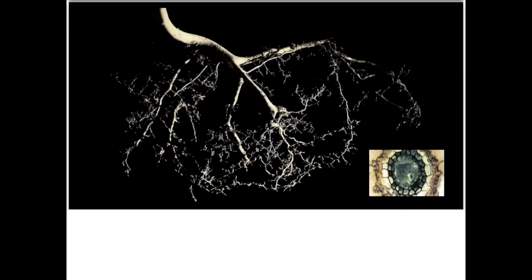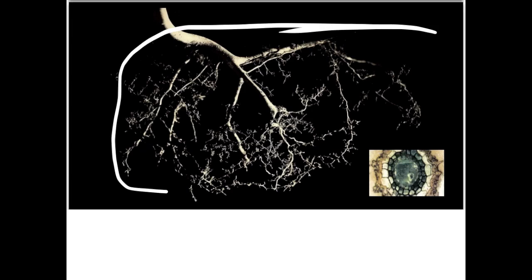I have this graph here that shows you, let me change the color real quick so you can see it. I have a graph that shows the general makeup of plant roots. I love to look at plant roots because they're like upside down trees basically, and this is called fractal.